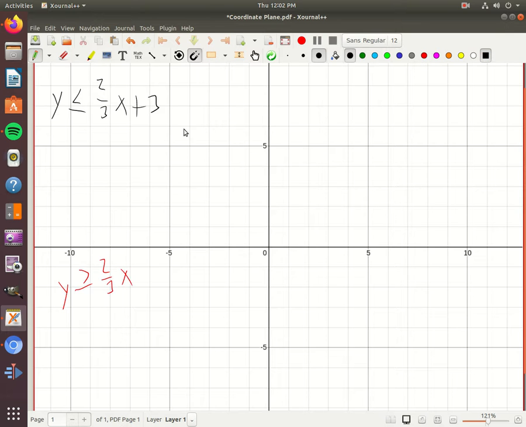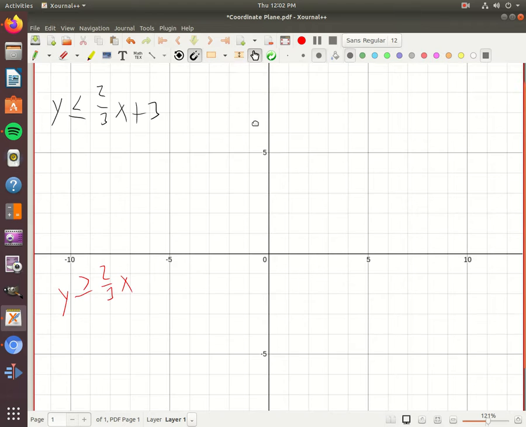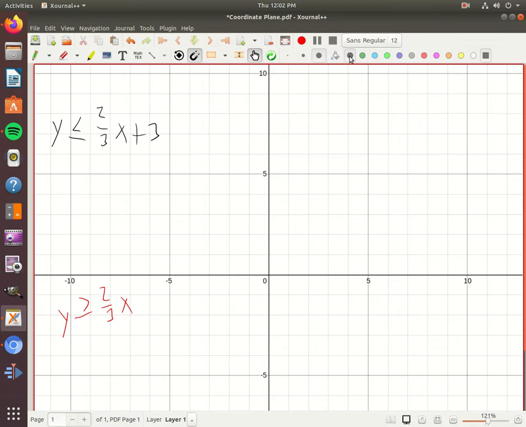And I probably should be clear about this. This is going to be problem 979A. So my y-intercept is 3. I'm going to go up 2 over 3, up 2 over 3, up 2 over 3.